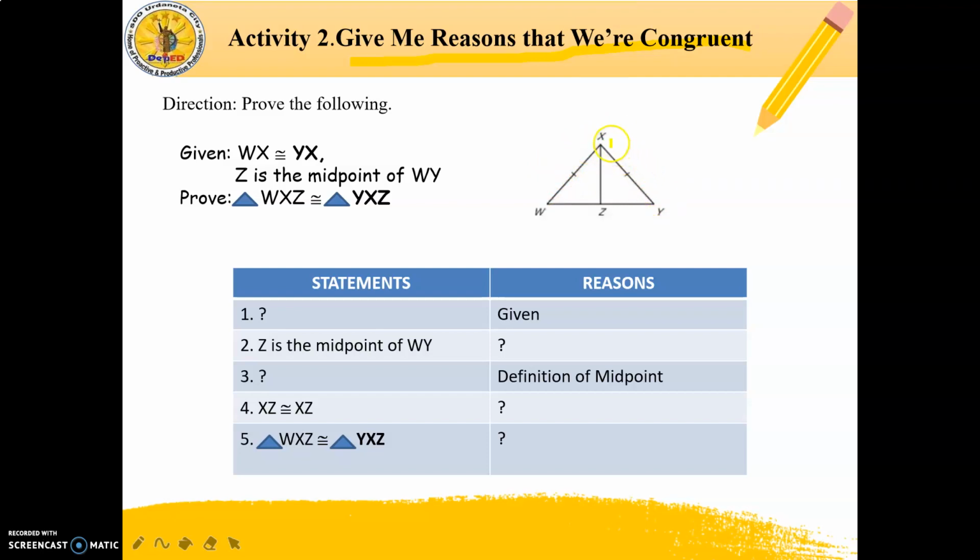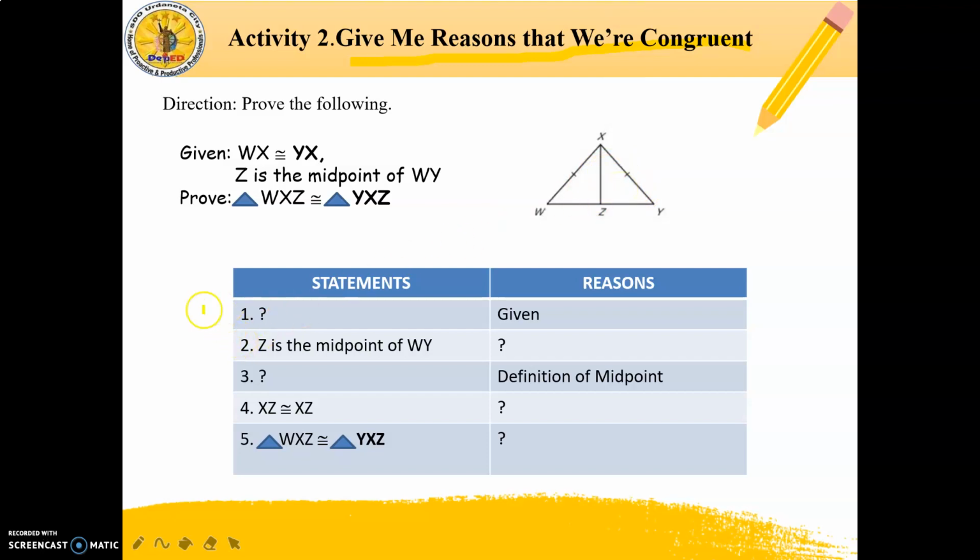And it was already given that Z is the midpoint of WY. And what we need to prove is that triangle WXZ is congruent to triangle YXZ.